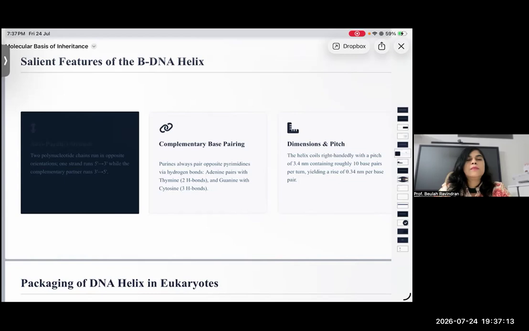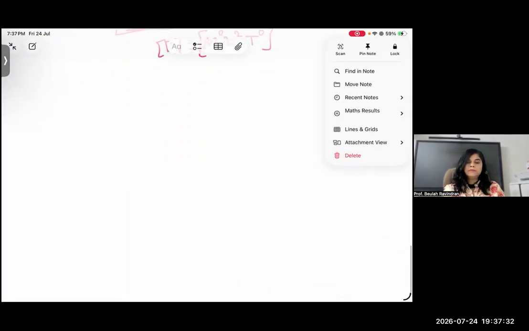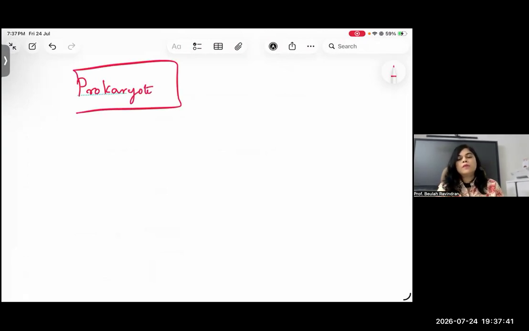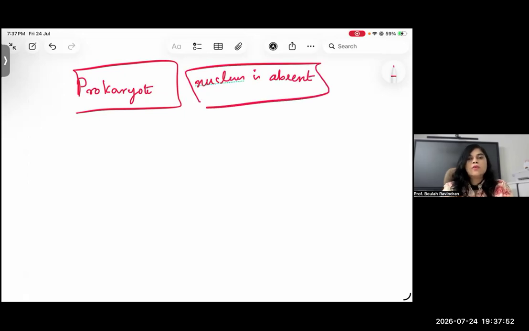Then how does the packaging take place in prokaryotes and eukaryotes? You know about prokaryotes: the nucleus is absent, like E. coli, which is a prokaryote.